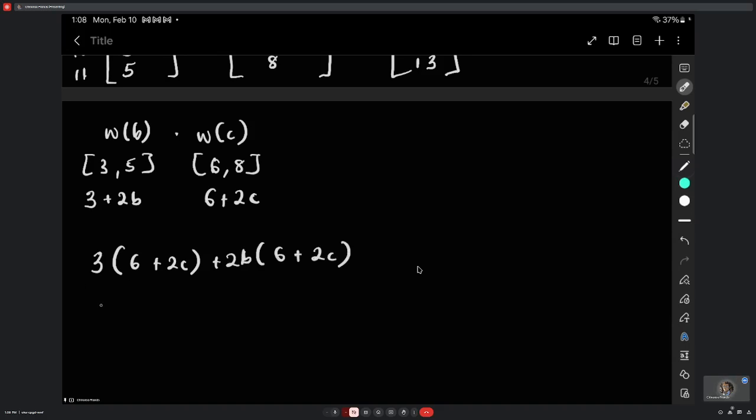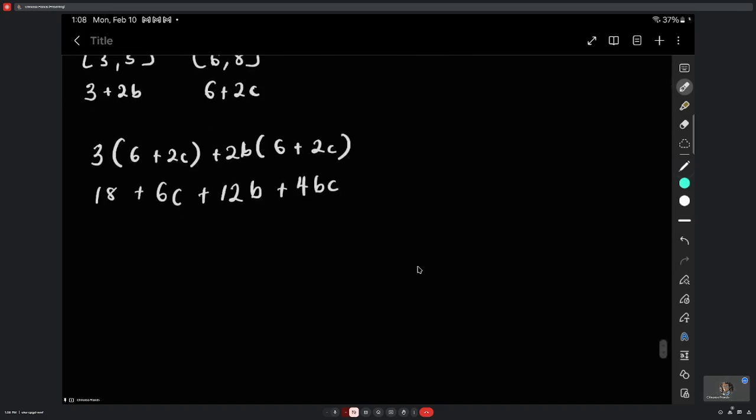So that will be plus 4bc, right? So this is still multilinear, right?